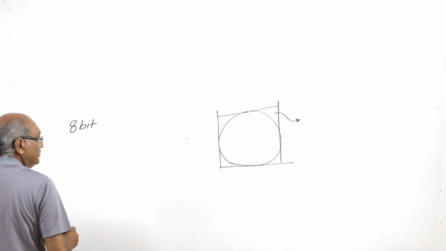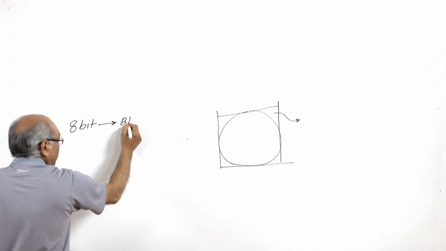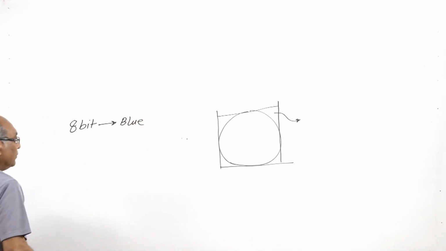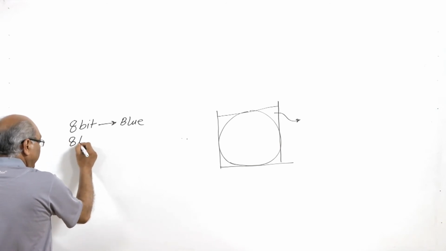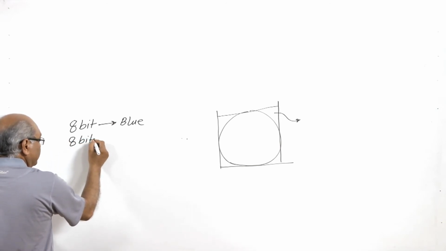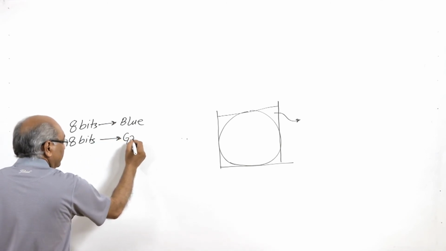One single image is 8-bit, and say I assign a blue color to this one, as is also shown in the slide. Another band, which is also in 8 bits, I assign green color to this.